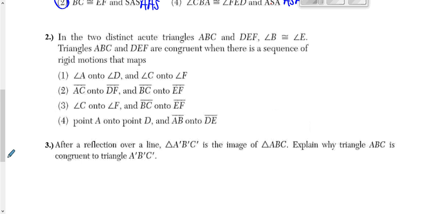And again, I would definitely make a sketch of these two triangles and mark what they tell you in there. A, B, C, and D, E, F. Really doesn't matter how you make them. That's super important.